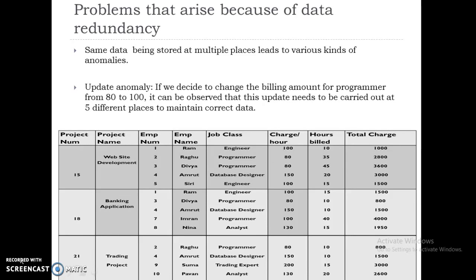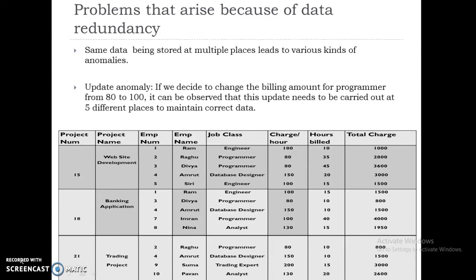So if I have the term programmer being repeated multiple times, the charge for a programmer, which is 80, is also being repeated at a lot of different places. Each employee is working on multiple projects, and so the employee's number, name, job class, and charge per hour are also being repeated at multiple places.